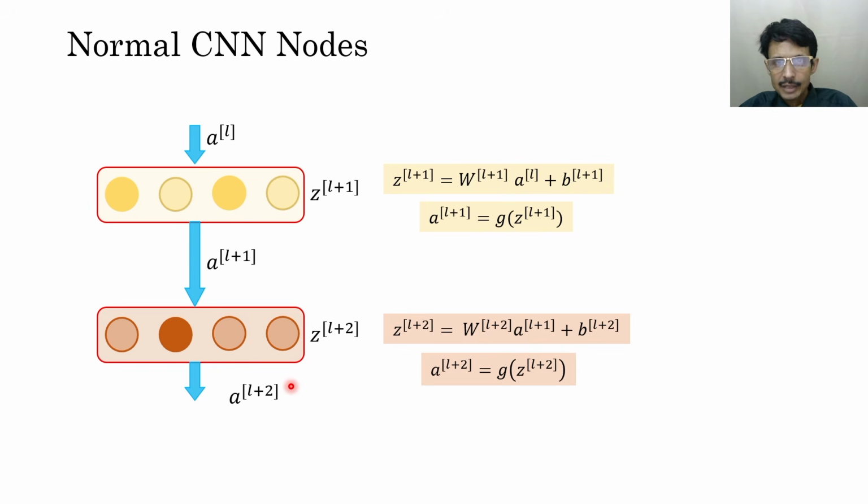Now as we know from our early discussion, Z^(L+1) is the weight W^(L+1) multiplied with A^L, plus the bias term B^(L+1).